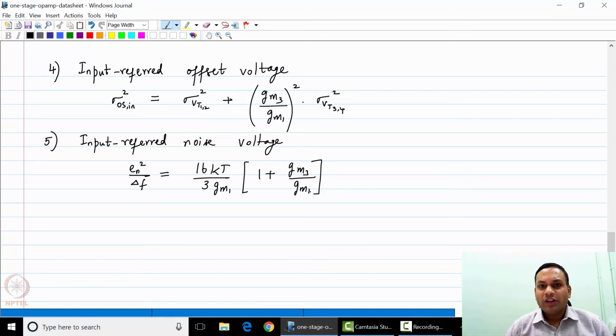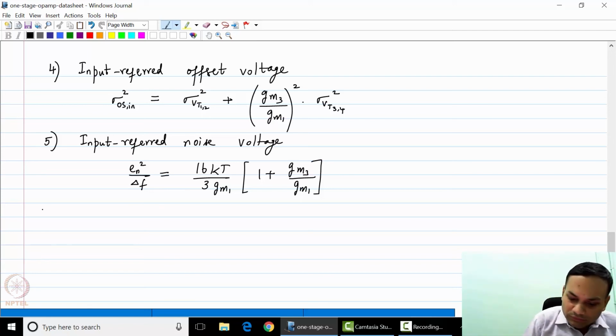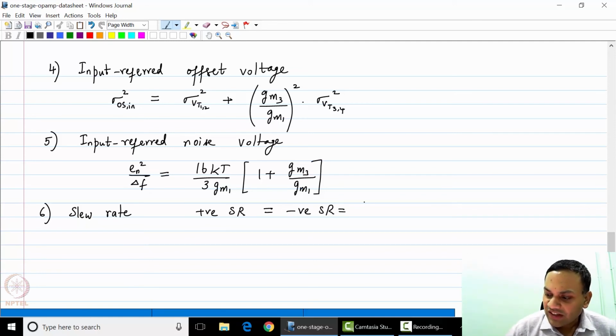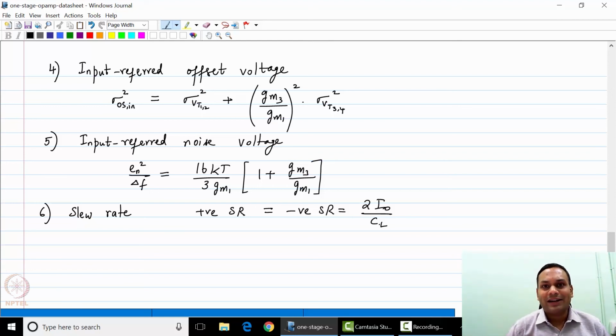Again, as we have seen before, to build a low noise op-amp, you will need to maximize GM1 as well as minimize GM3 relative to GM1. The next important parameter is the slew rate of the op-amp. For this particular op-amp, the positive slew rate is equal to the negative slew rate, which is equal to 2 I naught over CL, where 2 I naught is the total bias current of the op-amp.